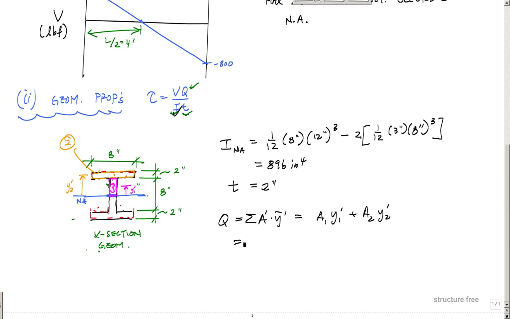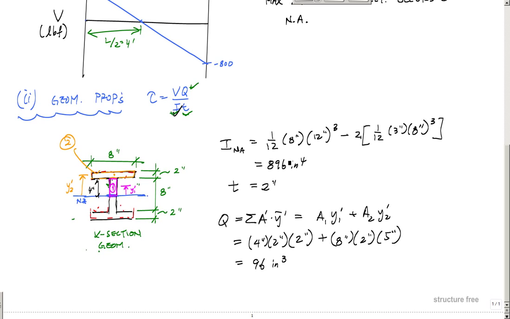A1 is this purple zone, which would be 4 inches times 2 inches, that's the area, times the distance to the neutral axis, which is, if this is 4 inches, this Y1 prime is 2 inches, plus the area of this yellow zone, which would be 8 inches times 2 inches, times the distance from the neutral axis to the centroid of that area 2, which would be 4 plus 1, that's going to be 5 inches. I sum that up, and that's going to be 96 inches cubed.